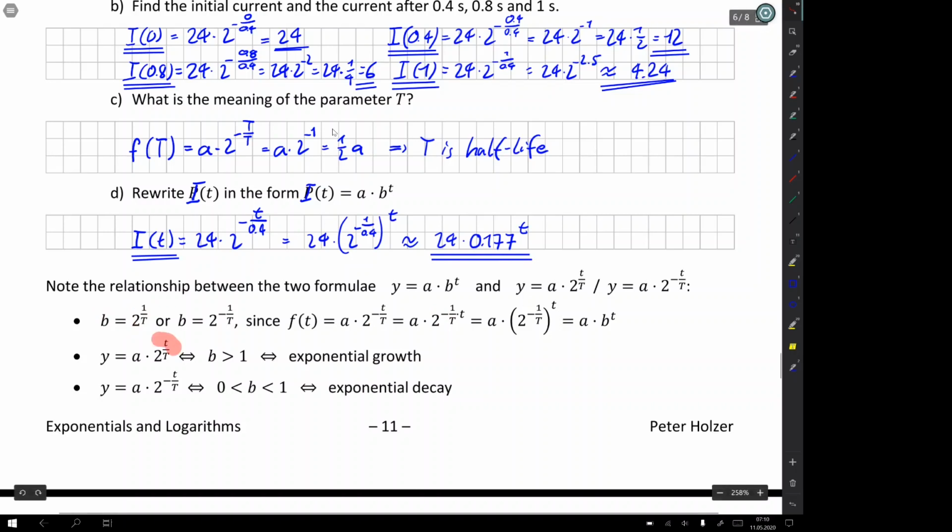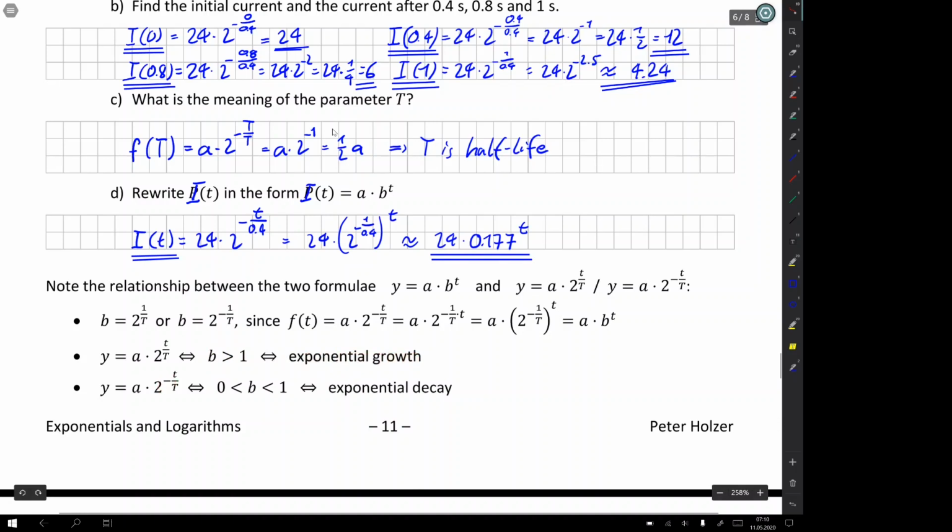As I said just before, in this form here, what do I get? 2 to the power of 1 divided by T. Without the minus, I'll get something larger than 1. I'll get a root of 2, which is always larger than 1. So my b is larger than 1, so that explains why this is exponential growth.